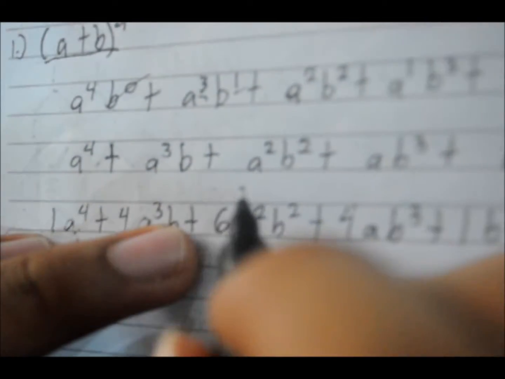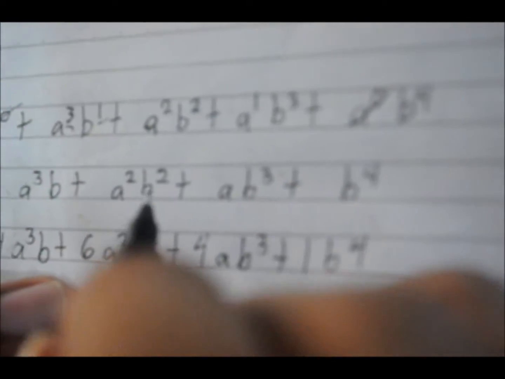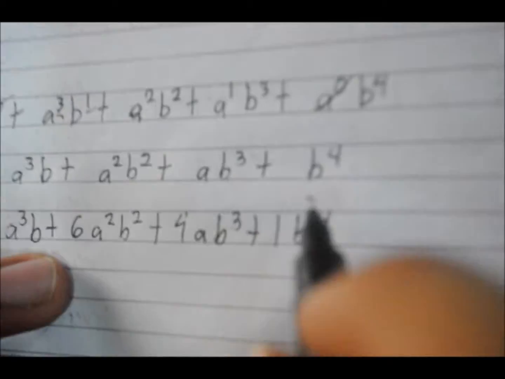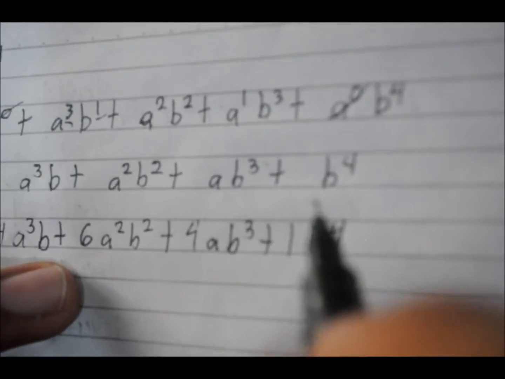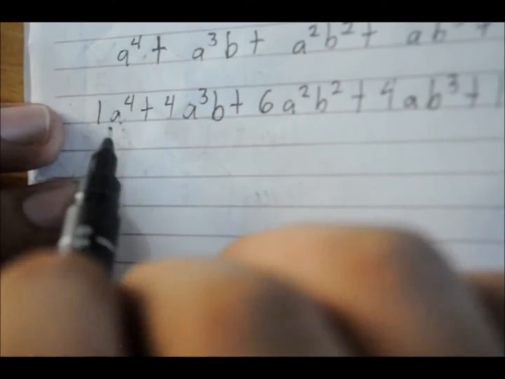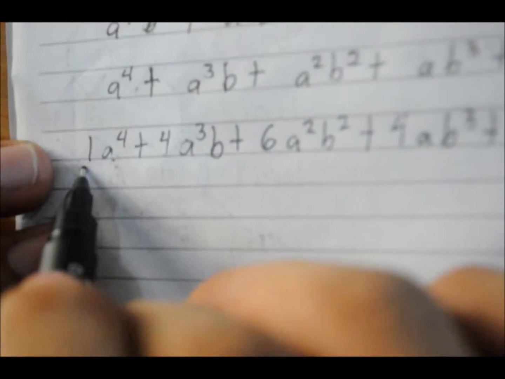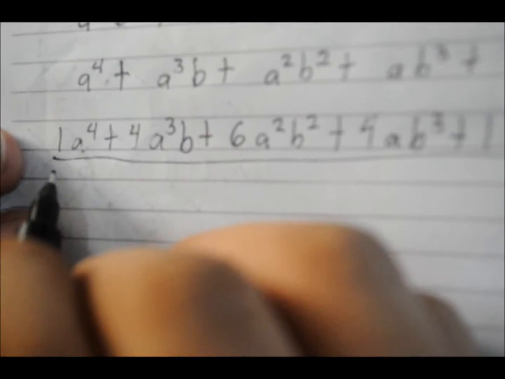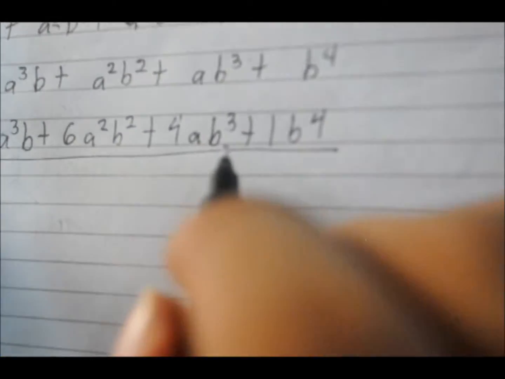The result is a^4 + a^3 b + a^2 b^2 + a b^3 + b^4. By the Pascal triangle, the outcome of the problem is a^4 + 4a^3 b + 6a^2 b^2 + 4a b^3 + 1b^4.